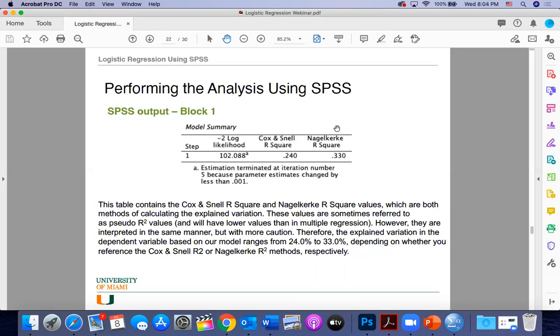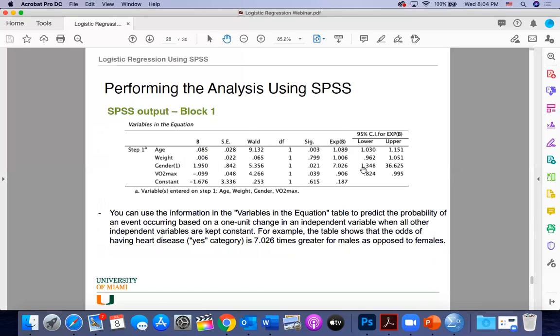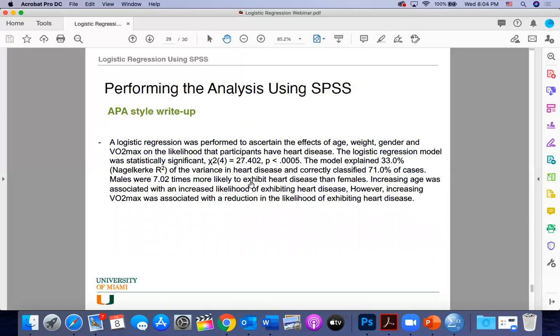Usually people go with Nagelkerke R square. So I can say that the model explained 33% of the variance in our dependent variable, which is heart disease, whether participants had heart disease or not, and correctly classified how many cases.